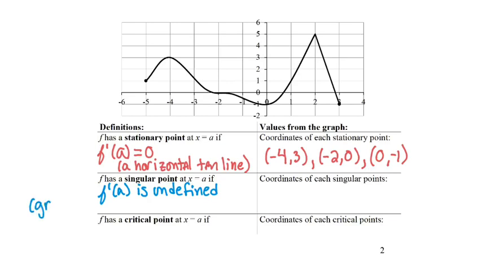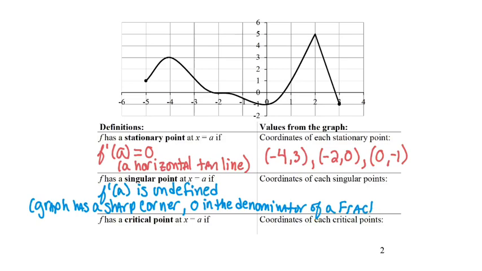Graphically, this is where the graph has a sharp corner or point, but since later we won't see the visual representation of our function, we also should know that a singular point occurs where you have 0 in the denominator of a fraction. Remember, any fraction with a 0 denominator is an undefined fraction. So this point up here that we just talked about is our only coordinate of a singular point.